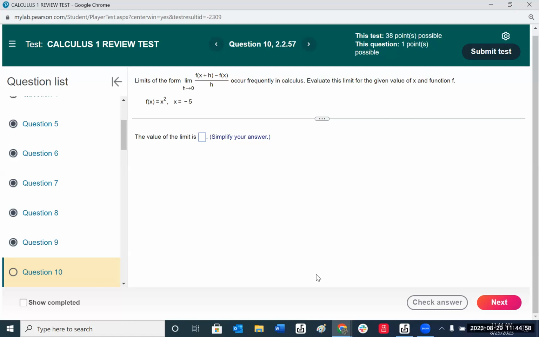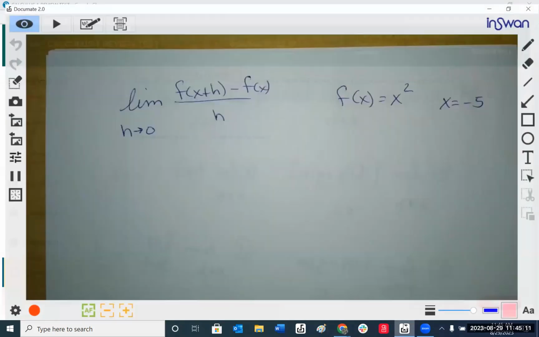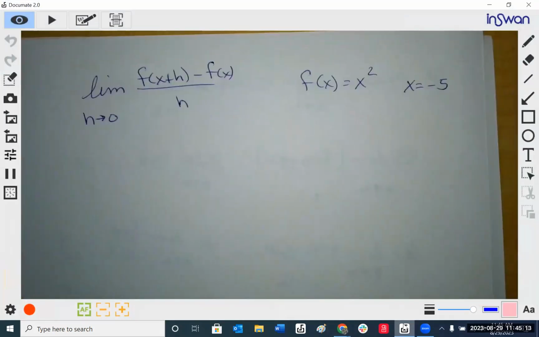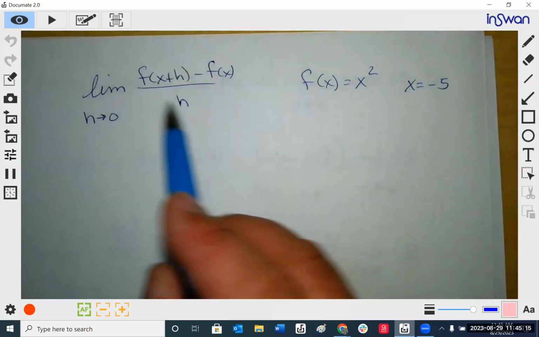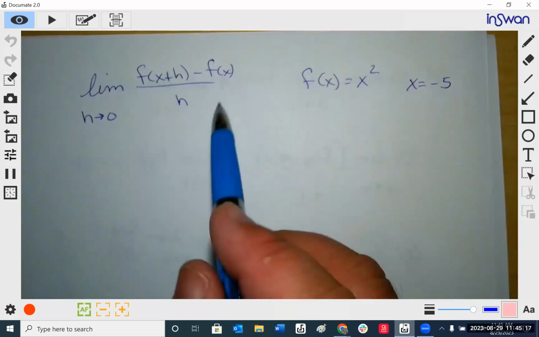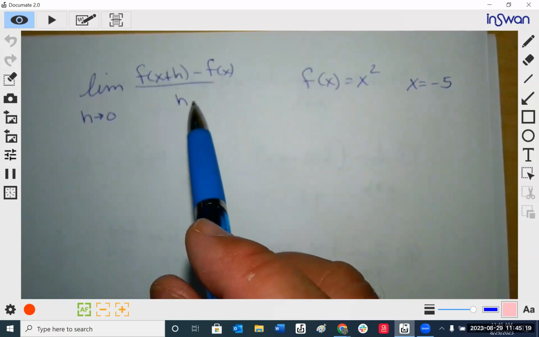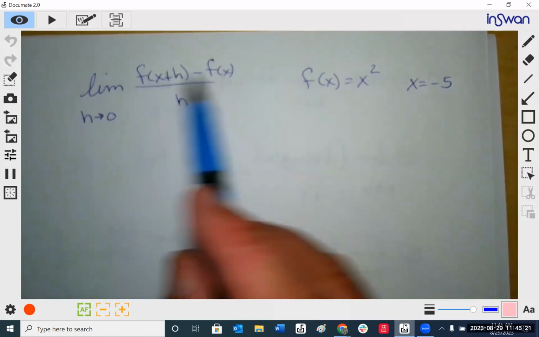Write it down here real quick. Remember what this formula was? Another name for it? Very good. This is the difference quotient.